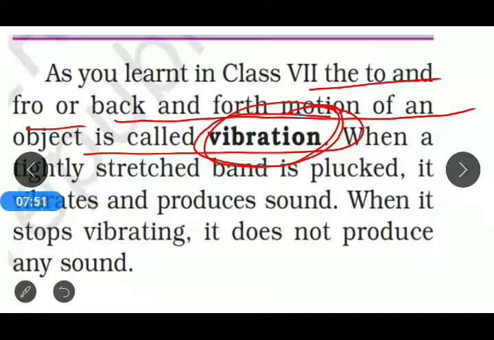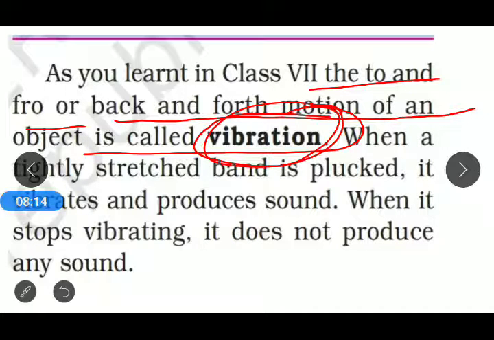In both cases, whether we take a geometry box stretched with a rubber band, or a pan struck with a stick, vibrations are produced. So vibrations are nothing but the to and fro or back and forth motion of a vibrating body.